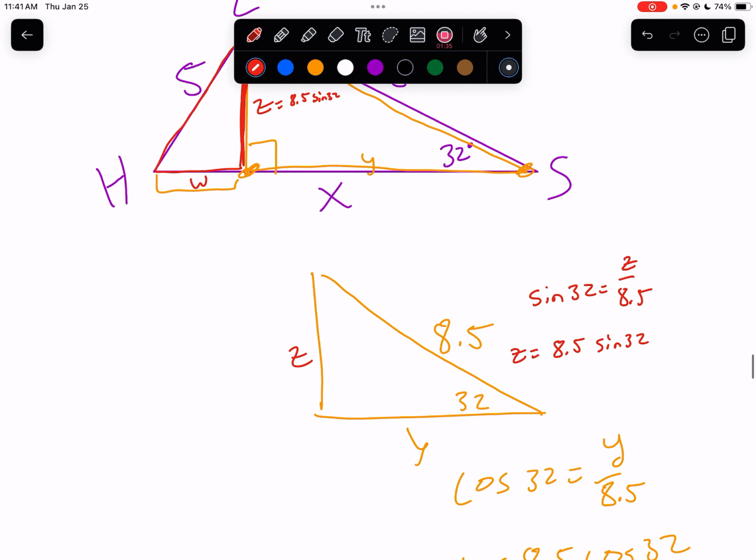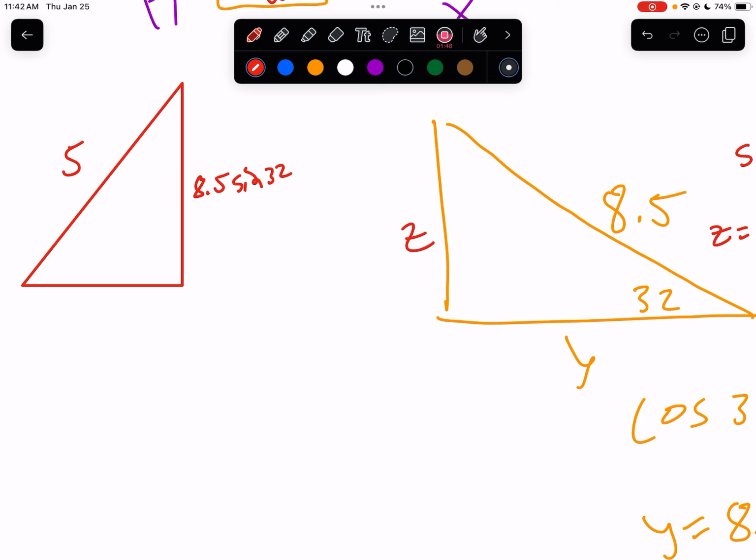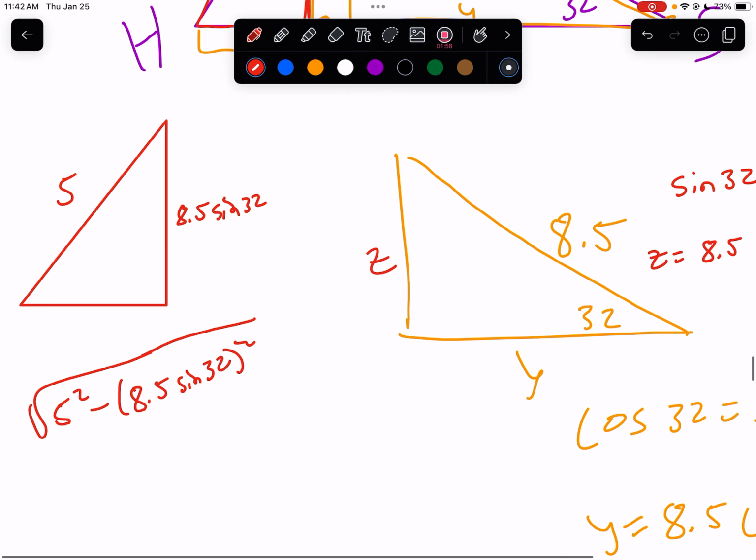Now I'm going to draw the red right triangle where I know this is 5 and I know that this is 8.5 sine 32. It gets really messy, but this would be a straight Pythagorean theorem. It would be the square root of 5 squared minus, in parentheses, 8.5 sine 32 squared. And that's how long W is.